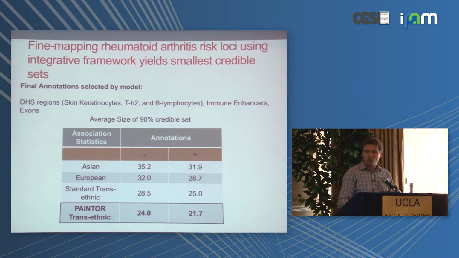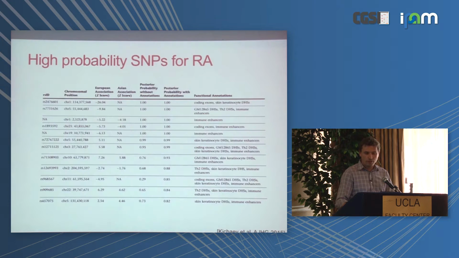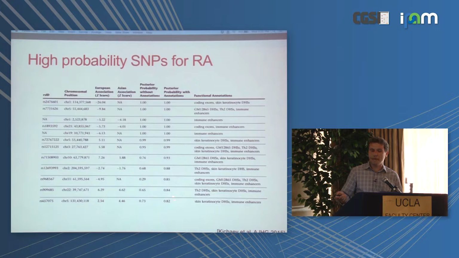And one of the ways that I like to think about it is that this quantity here is aggregating a lot of things, but it's not really the best metric to look at. For example, here's what we did in this analysis in transethnic rheumatoid arthritis, and these are the top variants that we found in this analysis to have posterior probability over 0.8 to be causal.